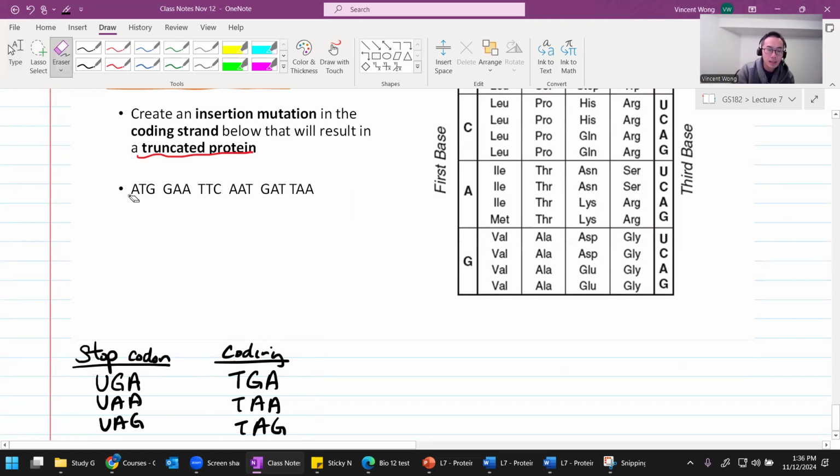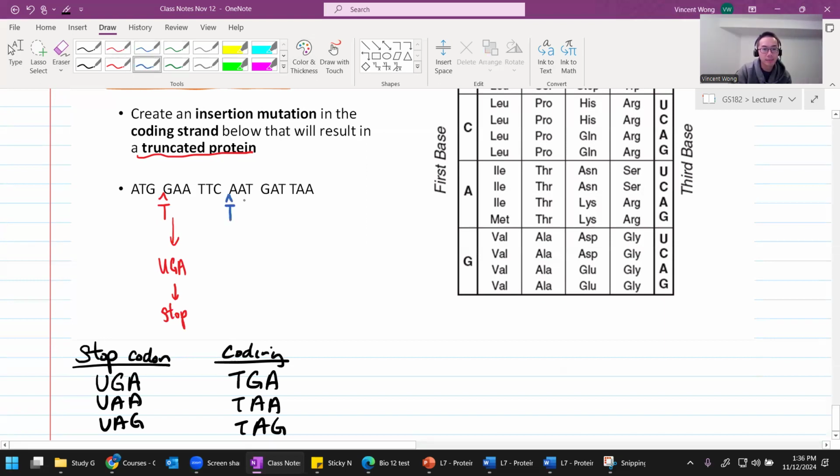Right? So ATG, GAA, but instead of GAA, if I put a T here, then the codon will be ATG and then TGA. Right? TGA, of course, it's going to get transcribed into UGA, which is going to be stop. Okay. Another place you could do it would be right here.